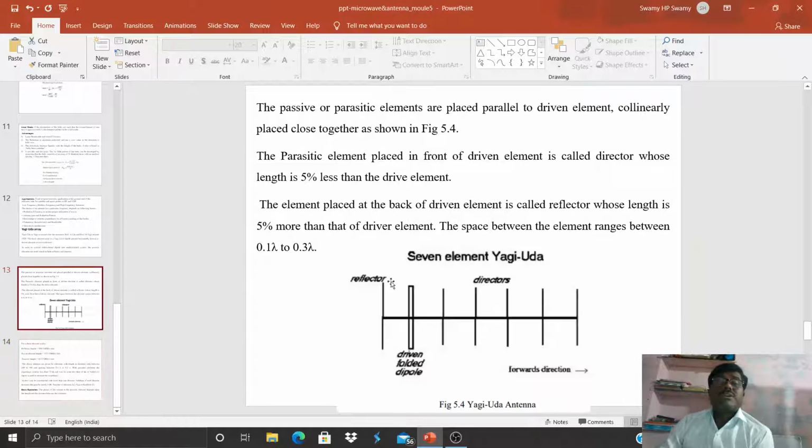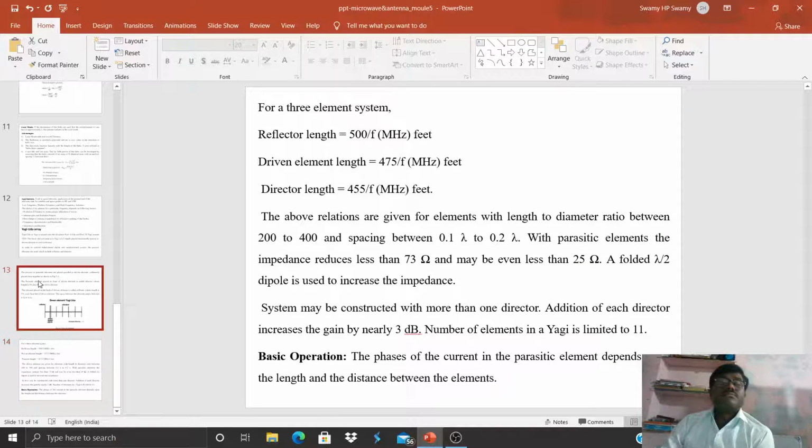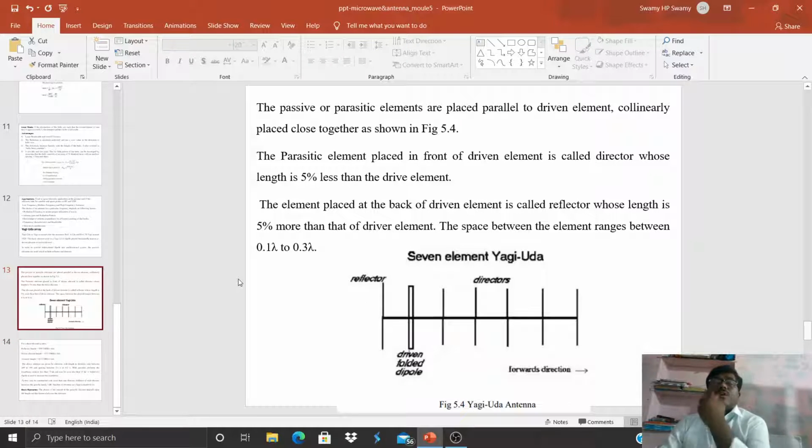So this is the figure. The passive or parasitic elements are placed parallel to the driven element. Here, this is the driven element, through which your input energy is applied.